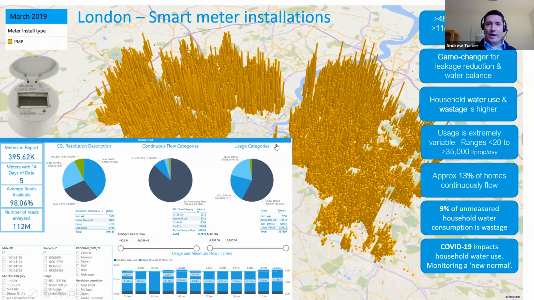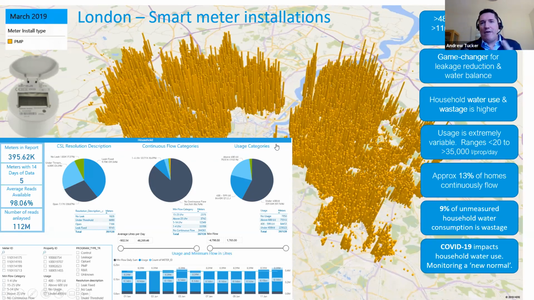We now understand wastage better, which is internal plumbing loss. We're identifying our leaks better, and we're understanding customer usage. And I can tell you now, on all those three things, usage, wastage, and leakage, smart meter data is rewriting what we understand. Usage is incredibly variable. We're seeing households that use less than 20 litres per property per day, and households next door or across the road that use over 35,000 litres.